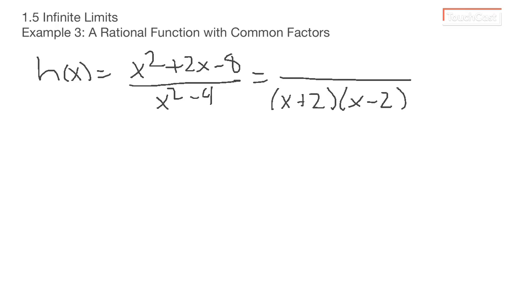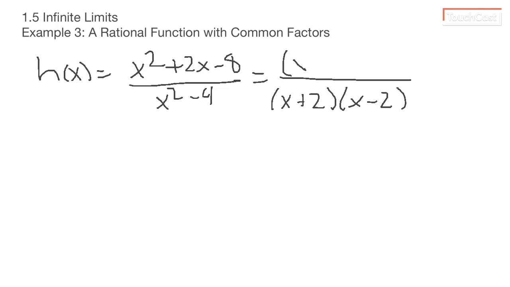And then I have to think about my numerator, x squared plus 2x minus 8. I know that 4 and 2 multiply to make 8, and in some combination, with one of them being positive, one being negative, I can make a plus 2.